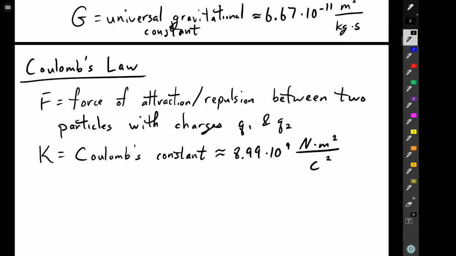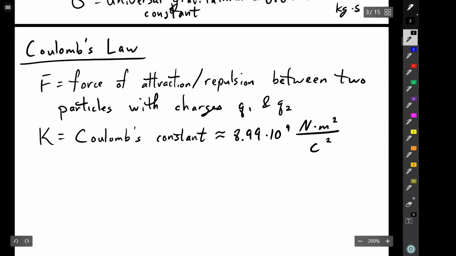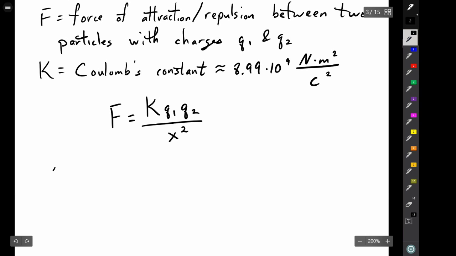Some nice units on that. And the law here is basically exactly the same as Newton's law, which is pretty interesting. Oh, I forgot to say x is the distance between the particles.